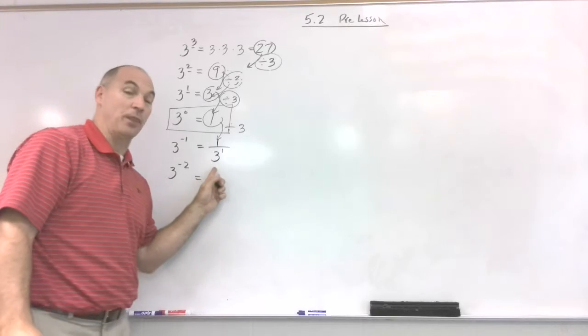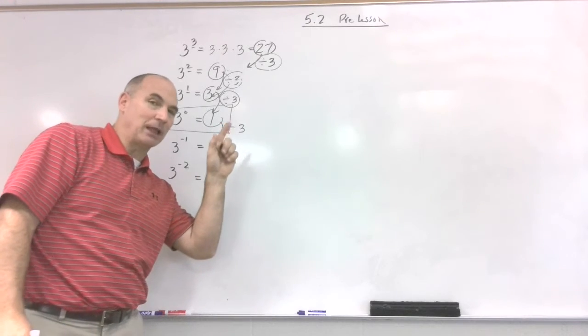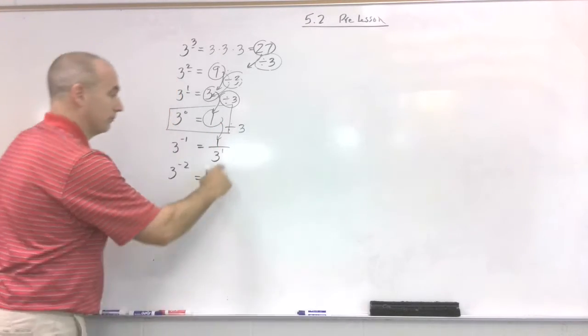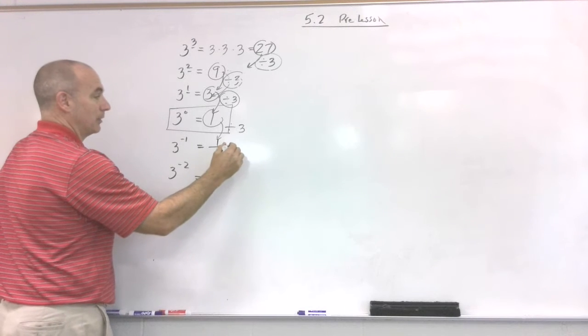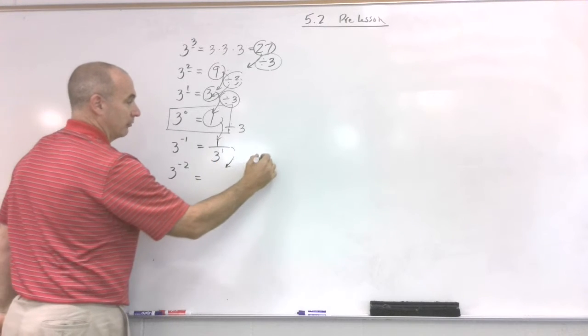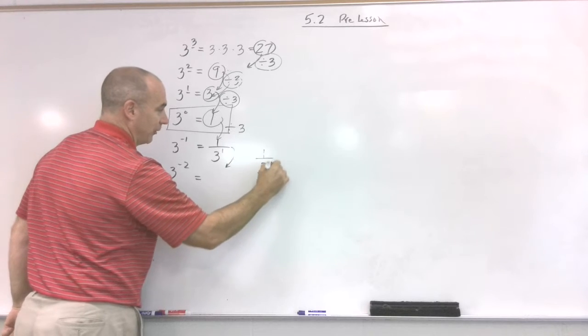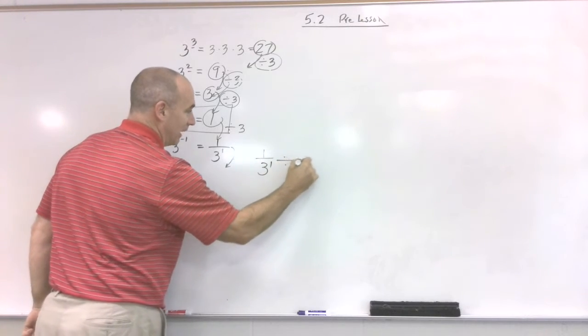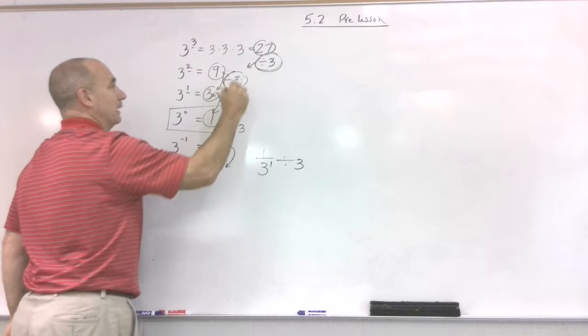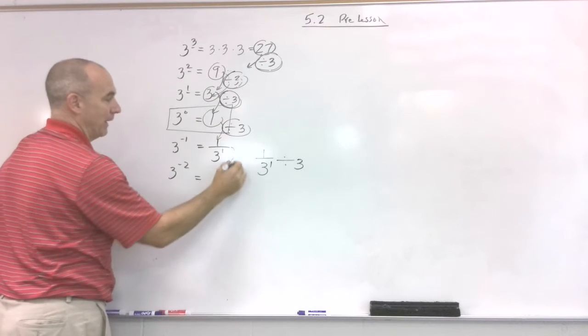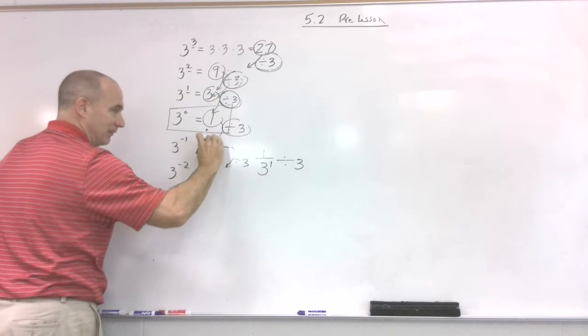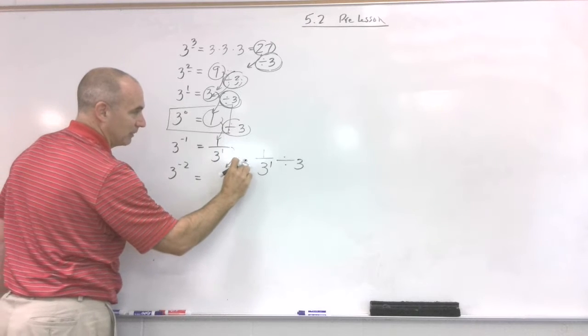It's the same thing as 1/3, but I'm going to keep that little exponent there of a 1 because now I'm going to go from here to the next one. So I'm going to go 1 over 3 to the first. Watch this now, divided by 3, because that's what I'm doing every single time. So the pattern has to be take the previous answer and divide by 3.